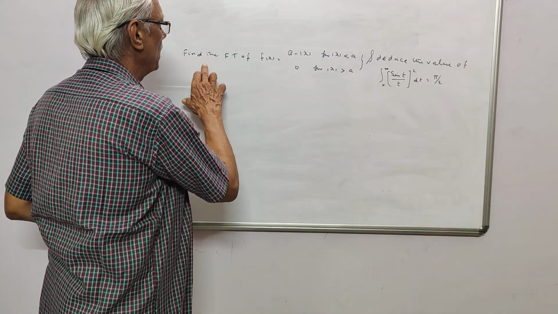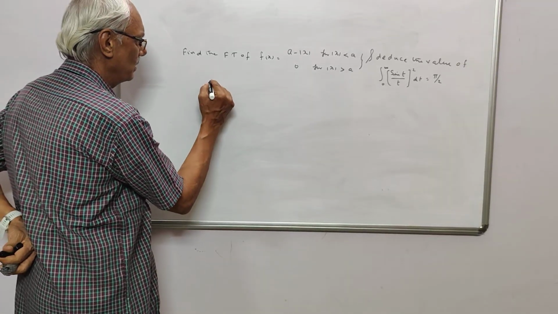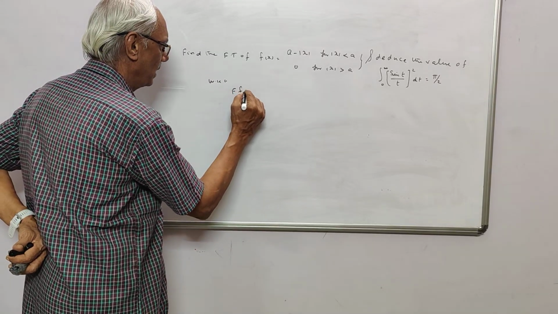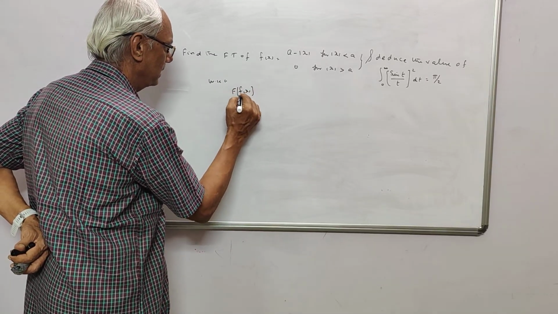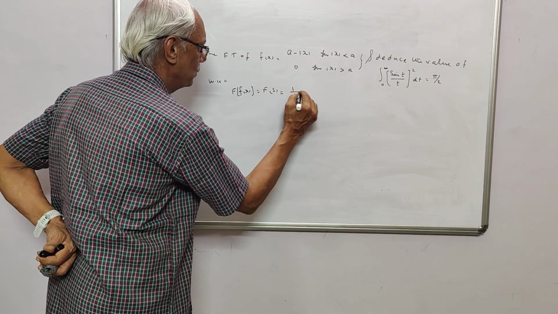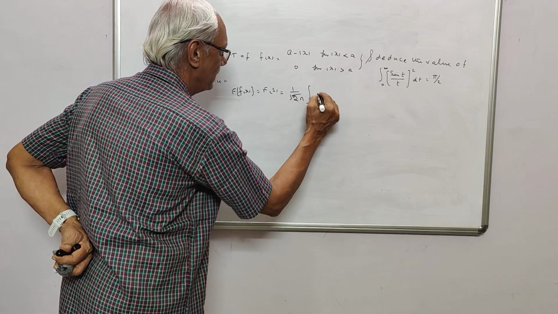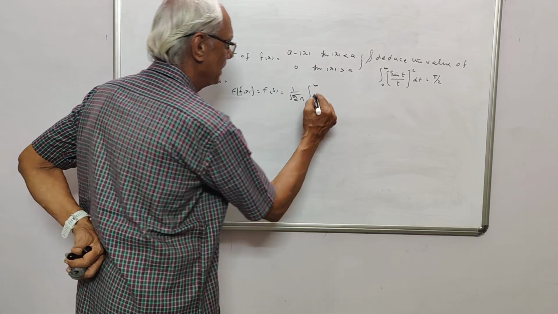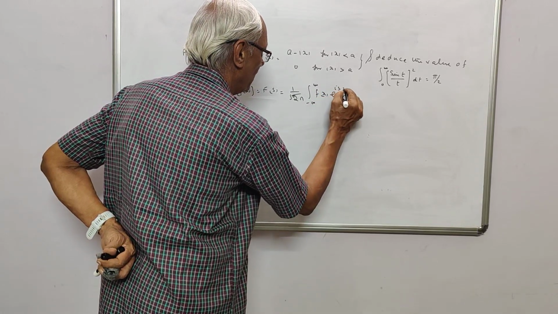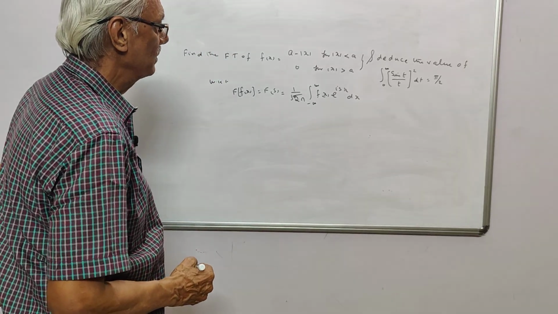You see that you are asked to find the Fourier transform. And what is your Fourier transform? We know that f of x is equal to f of s is equal to 1 by square root of 2 pi, minus infinity to plus infinity, f of x e to the power of isx dx. So this is what we have.